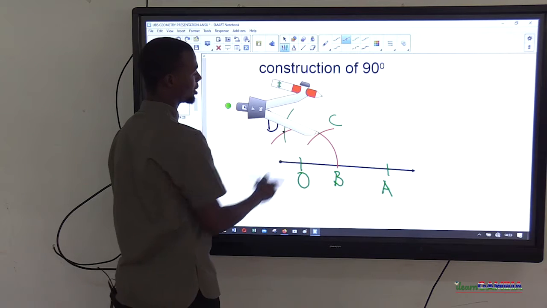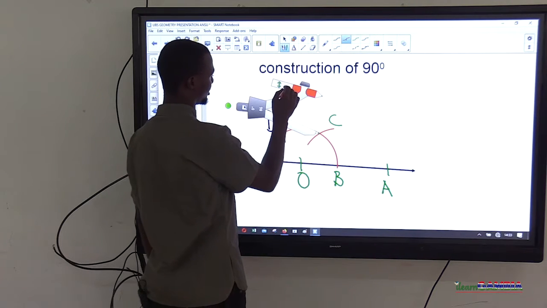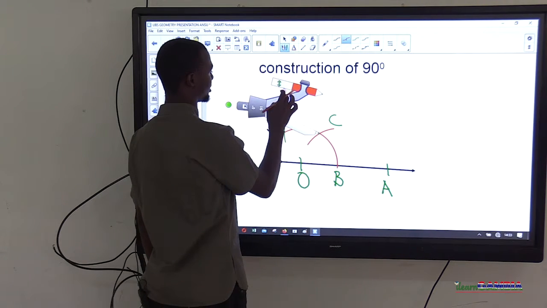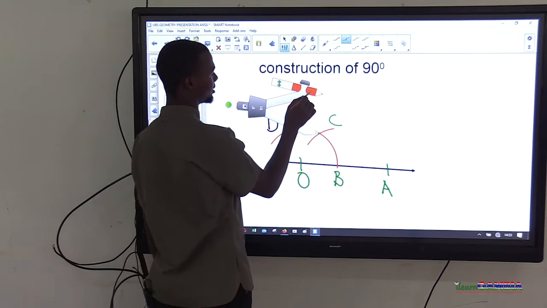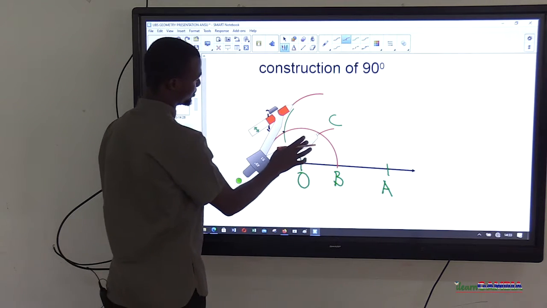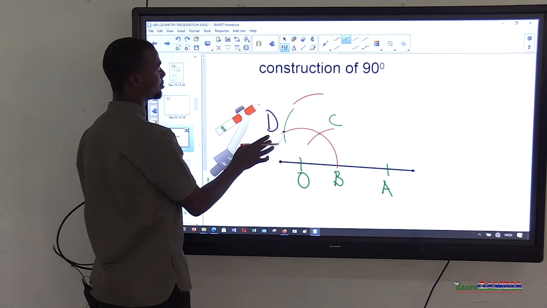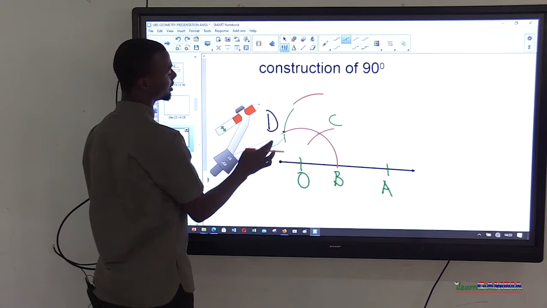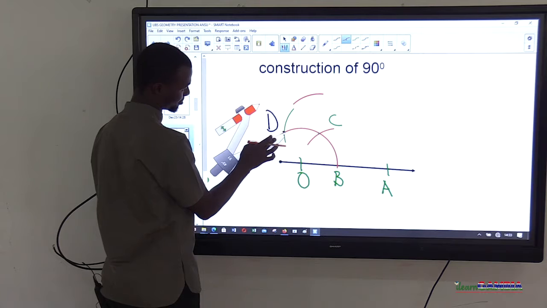The radius should be more than half of the length. So we draw two arcs. This is the first one with C as the center, now D as the center.